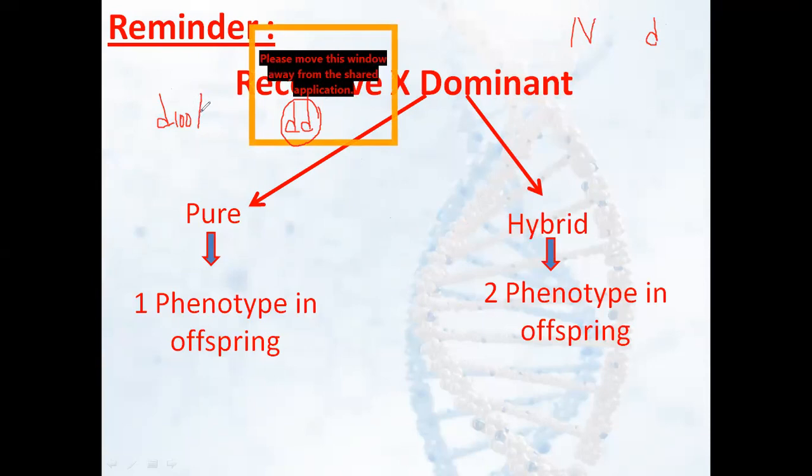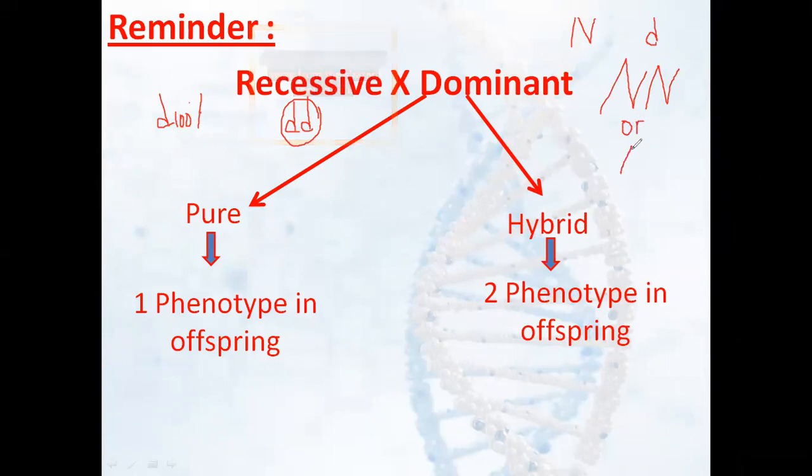While the dominant, it can be either NN or it can be ND. Since it is dominant, it can be expressed in both homozygous or heterozygous. Always we cross it with the recessive, who's DD.